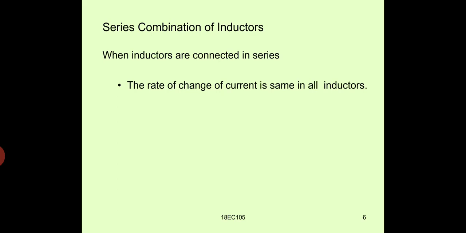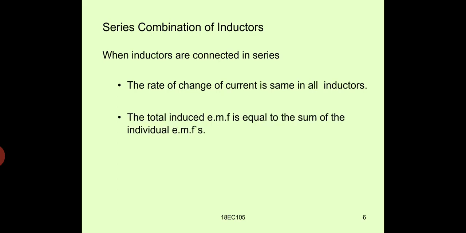Now let us see the other factor. The total induced EMF is equal to the sum of the individual EMFs. That means suppose you have two inductors L1 and L2. The EMF induced in L1 will be different, and naturally the EMF induced in L2 will be different.